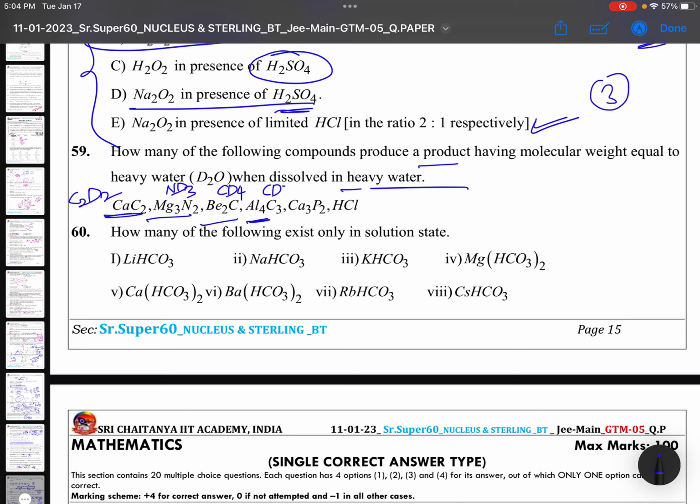Al4C3 will give you CD4. Ca3P2 will give you PD3. HCl will give you DCl. What is the question? How many of the following compounds have molecular weight equal to heavy water? Heavy water molecular weight is 20. CD4 is 20. This is again 20. ND3 is 20. Not 20, 14, not 20. So 3 are there.